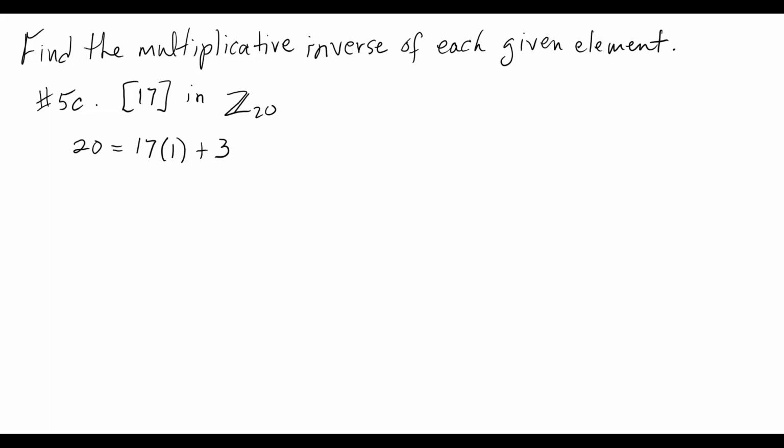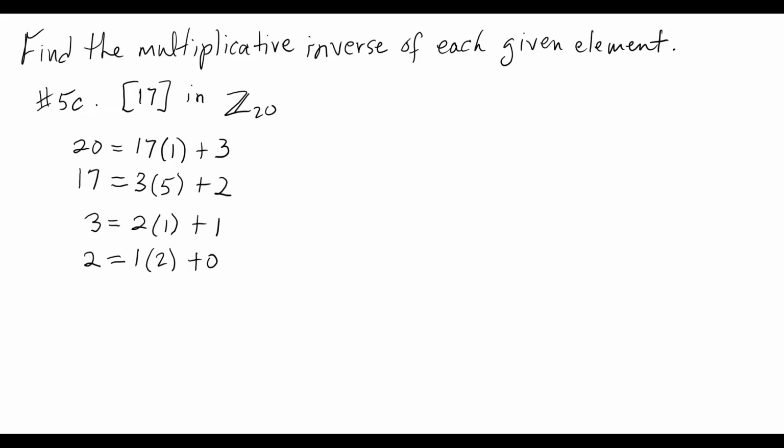Now we'll use the Euclidean algorithm to go through the process, and our goal is to write our greatest common divisor, which is 1, as a linear combination of 20 and 17. After using the Euclidean algorithm, it verifies our statement earlier that the GCD of 17 and 20 is equal to 1.